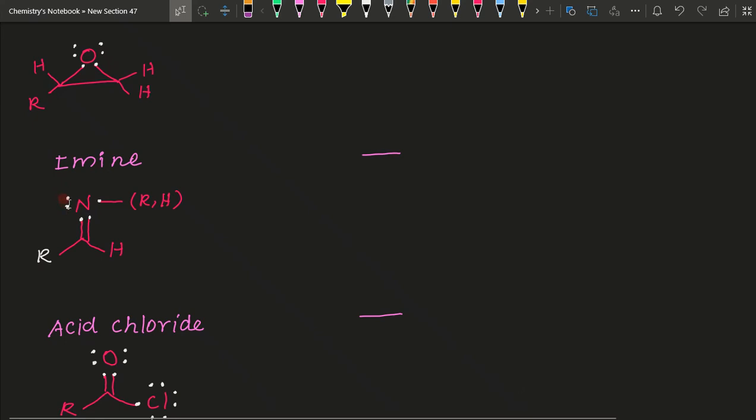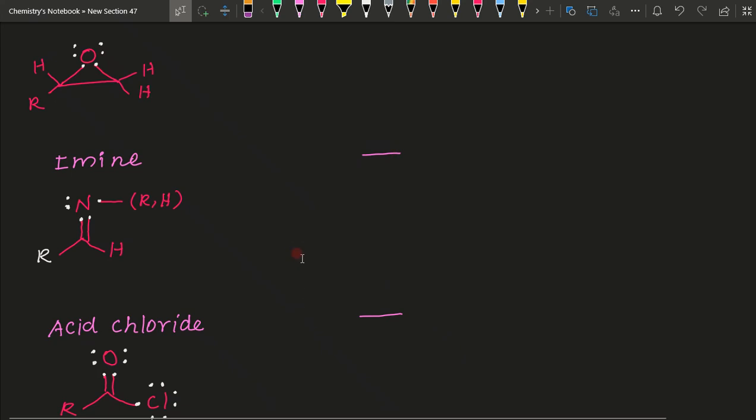So we can see commonly the oxygen family makes a double bond. Nitrogen makes a triple bond, but one lone pair. Here there is no substituent name.